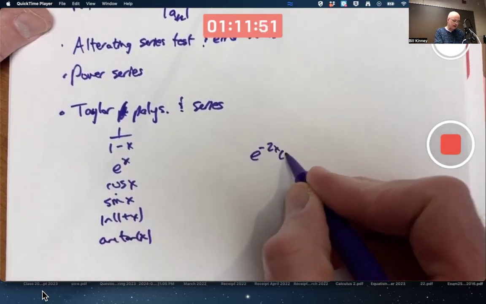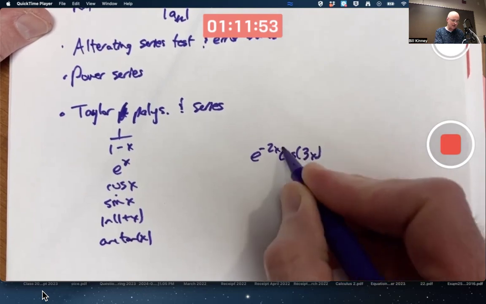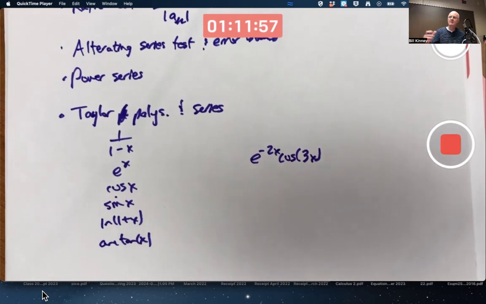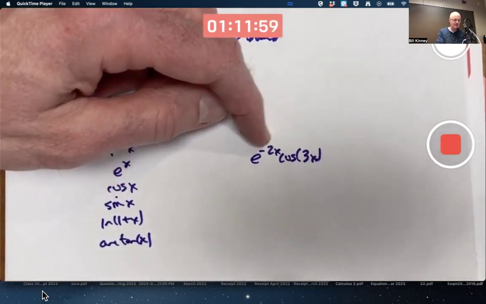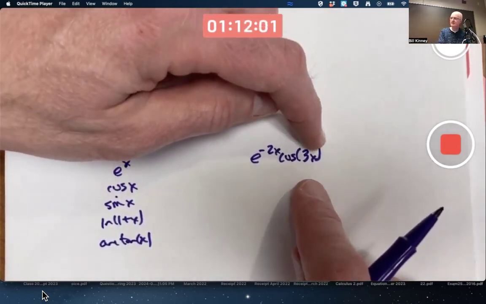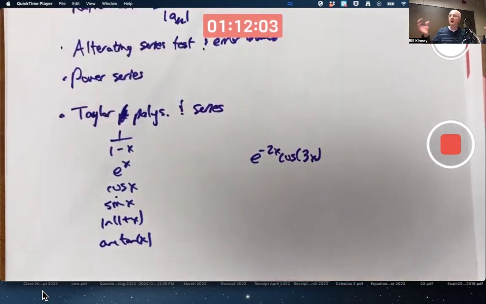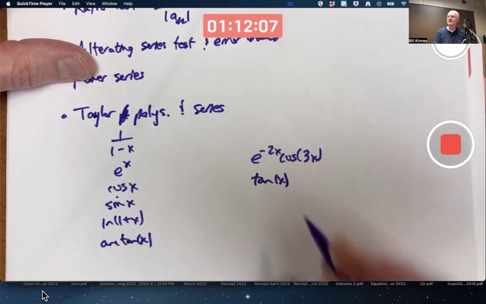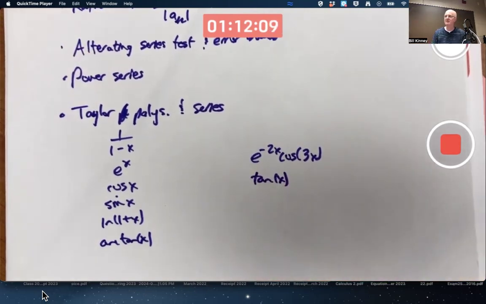We did this example on Monday, but it's not something you should write on your note card. We used the series for these two, substituting negative 2x into the e to the x series and 3x into the cosine series, and then multiplied the series. We also did the tangent one by a long division. Well, I might make you do a long division of series, and I'm not completely ruling it out, but I don't think I typically do.